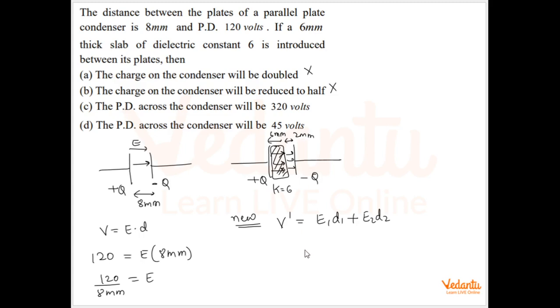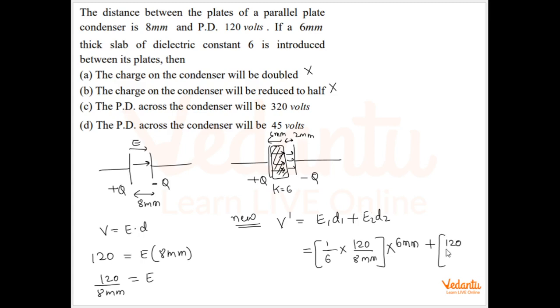Now beta, inside the slab the electric field becomes 1 by k times. So I will write that electric field as 1 by 6 multiplied by the original electric field into the width d1, which is 6 mm, plus outside the slab beta the electric field remains the same.